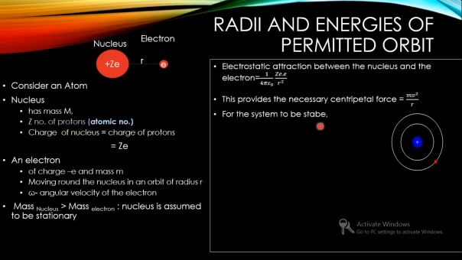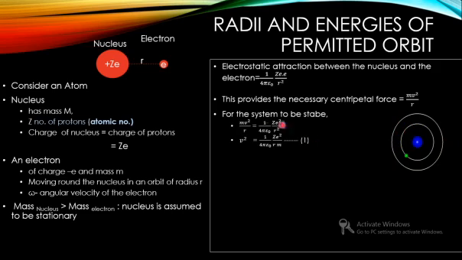For a system to be stable, we require this attractive force to balance the centripetal force. So that is what is written here. The centripetal force will be balanced by the electrostatic attraction to make the system stable, in the sense that the electron keeps revolving around the nucleus.